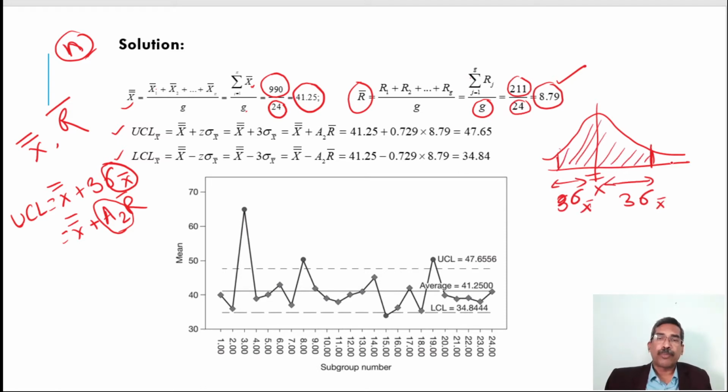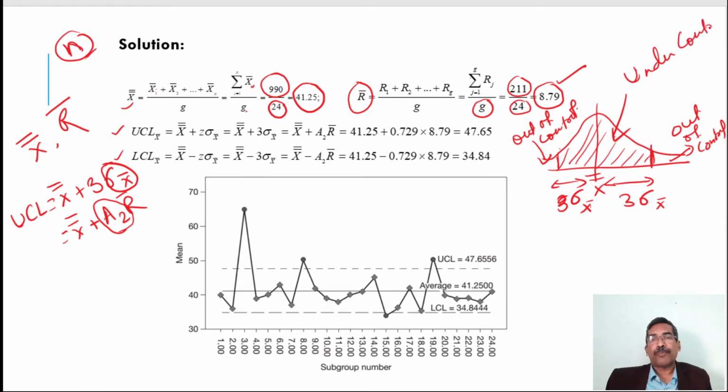If the product lies outside this zone, this means out of control. Similarly, on this side, this is out of control. Now all the products should lie in this conformance zone, and this is known as under control.